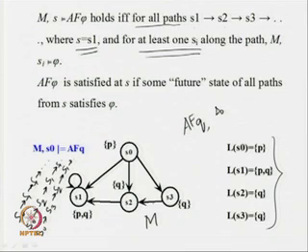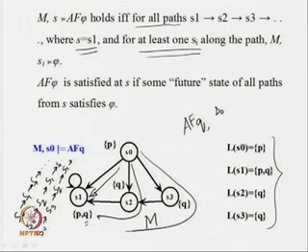Now we look for A F q, that means whether we get a future state where q holds. Going by this path, we get a state S 1 where q is true. By this path, in S 2 q is true. Following this path, q is true in S 3.